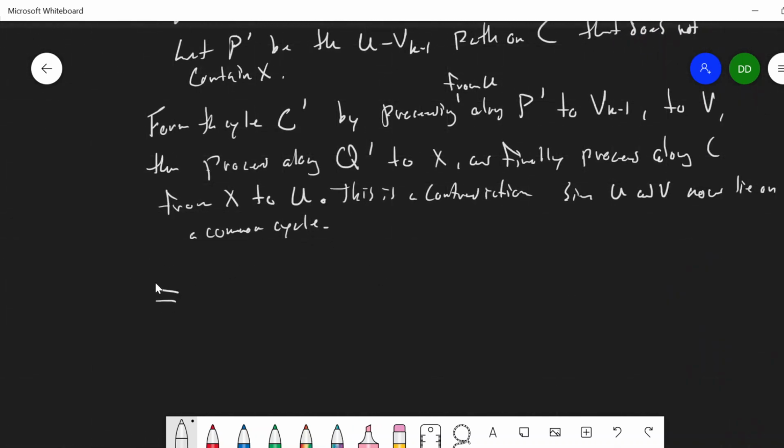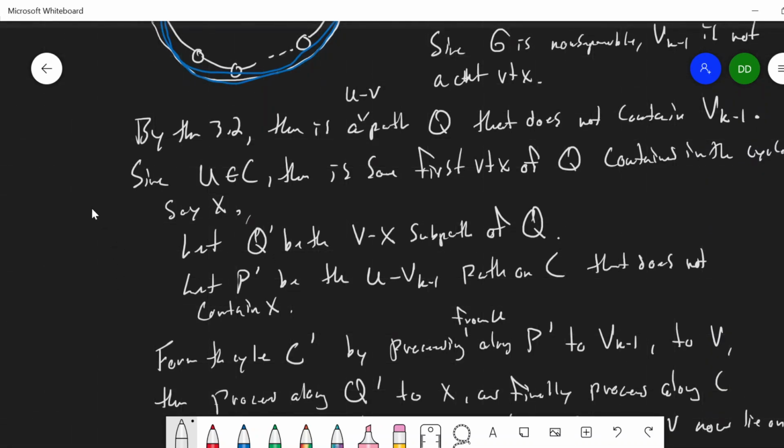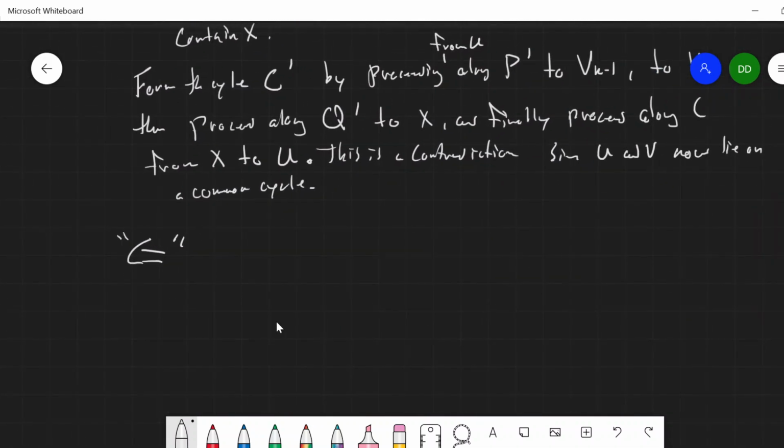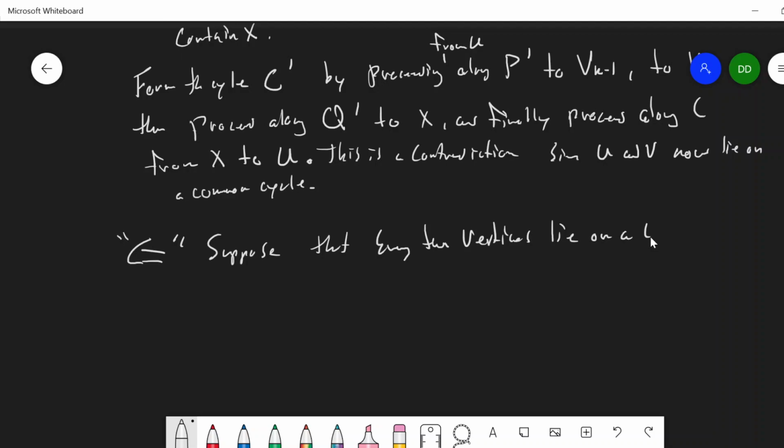So, okay, kind of fun, a little bit messy there at the end to actually describe exactly this thing, but coming up with the cycle, I thought it was pretty fun. So let's handle the backwards direction. So suppose, again, the graph is of order 3 or more, that every 2 vertices lie on a common cycle.